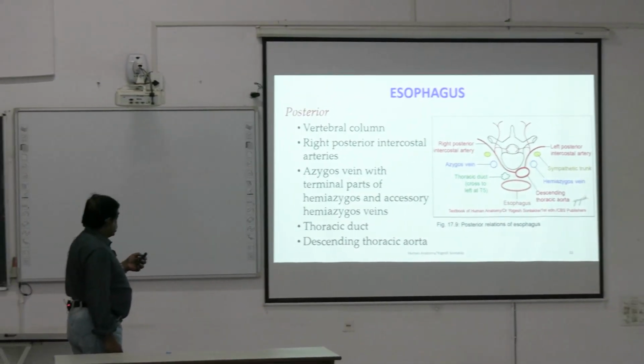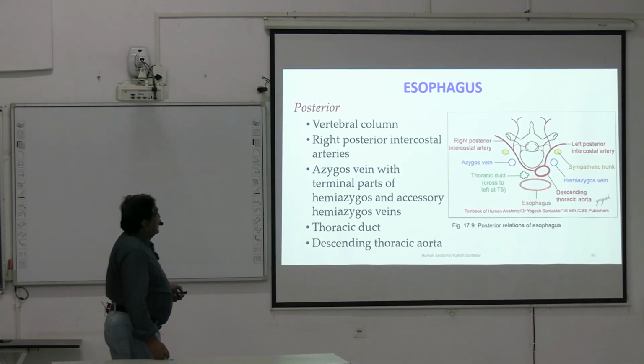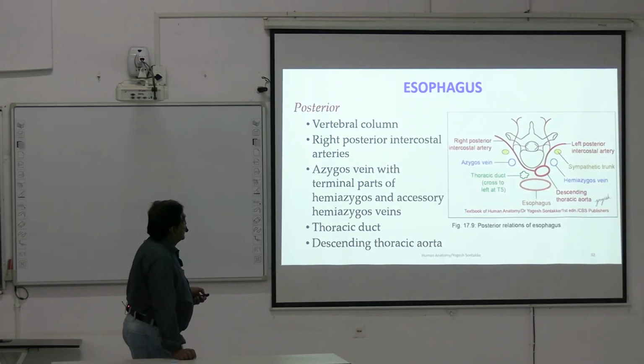Now esophagus posterior relation. Now see, this is the esophagus. This is a very good diagram. Every book has a diagram like this, so you can draw the posterior relations.